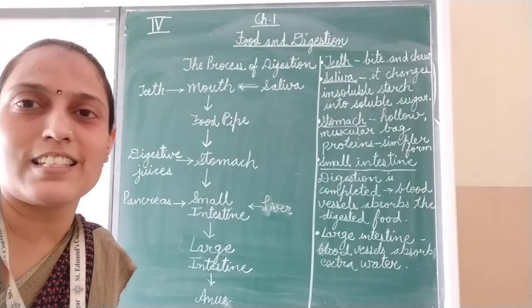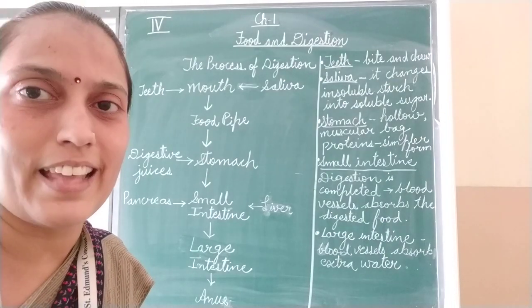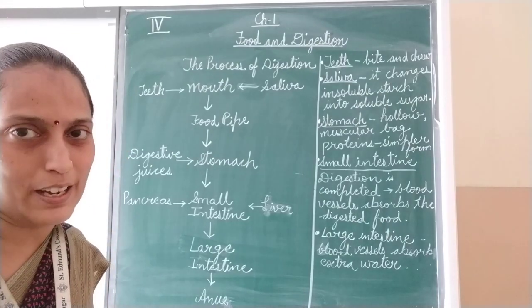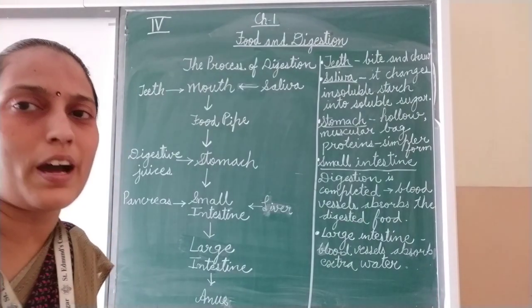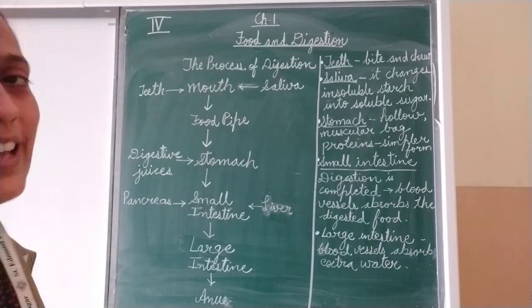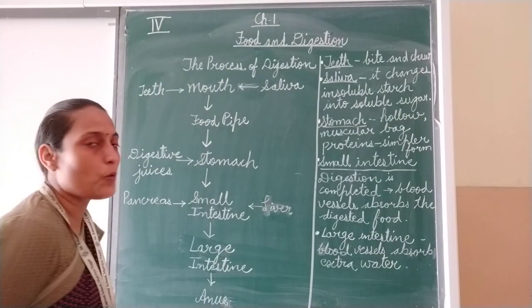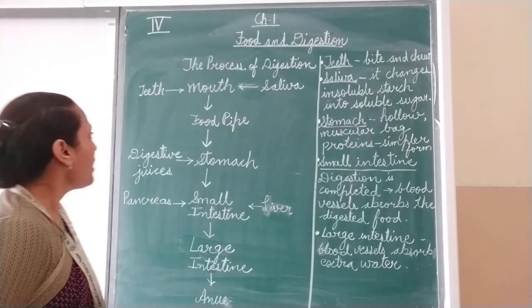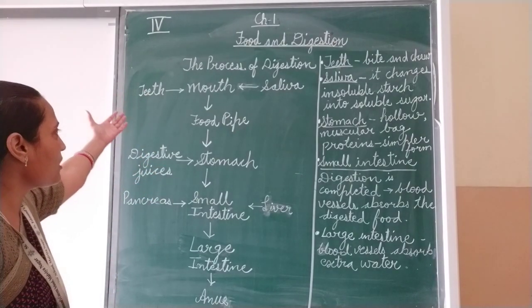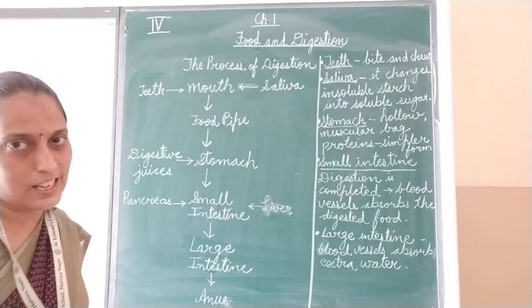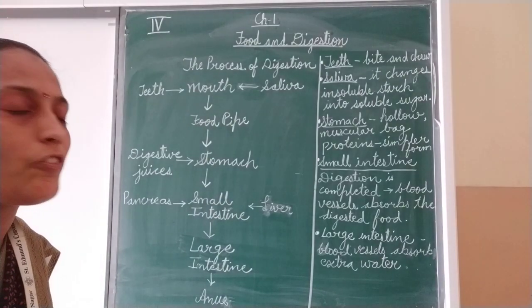In our body, the digestive system is present. In that, different organs are there. Let us see them one by one. What is the process of digestion? First, it begins as soon as we put the food in our mouth. Teeth are present there. Saliva is present in the mouth that gets mixed with the food.